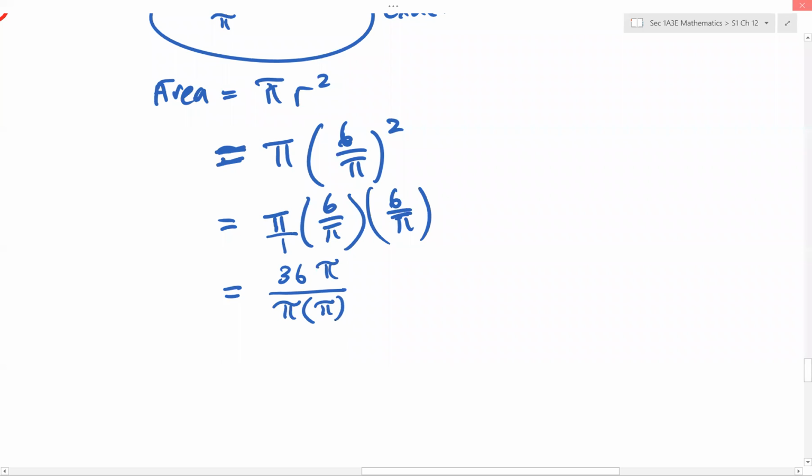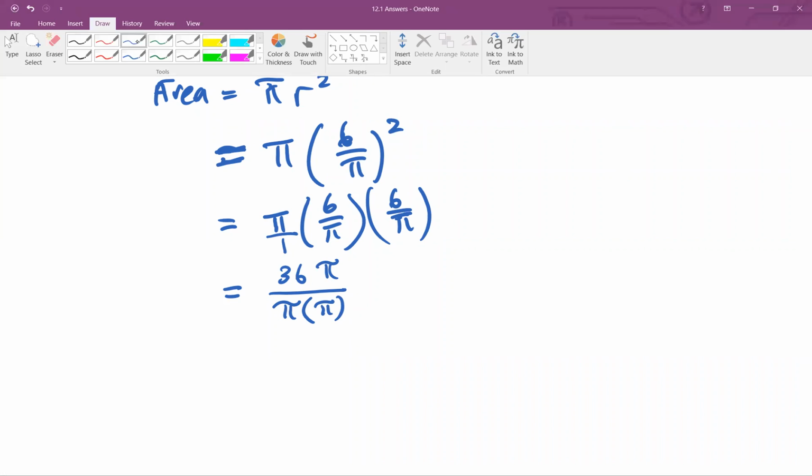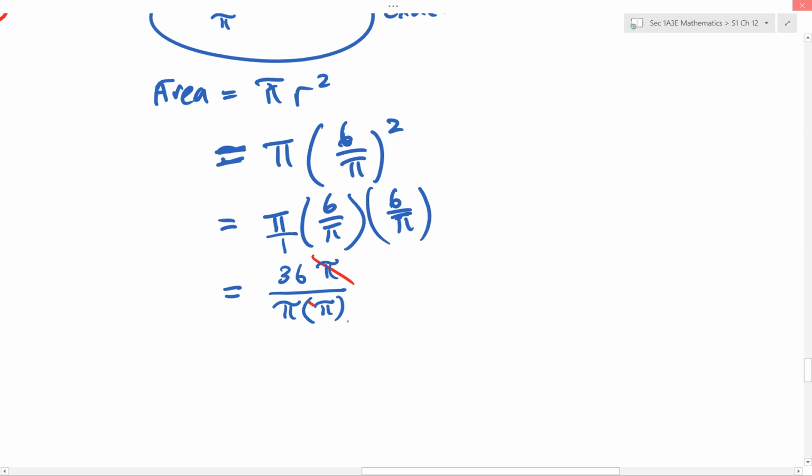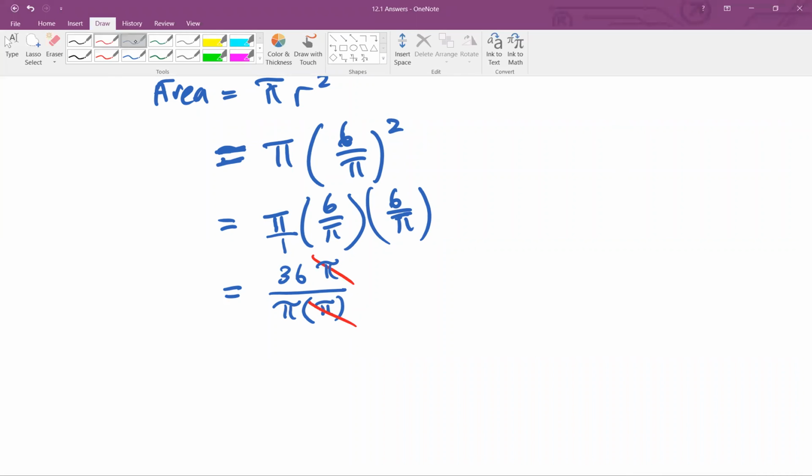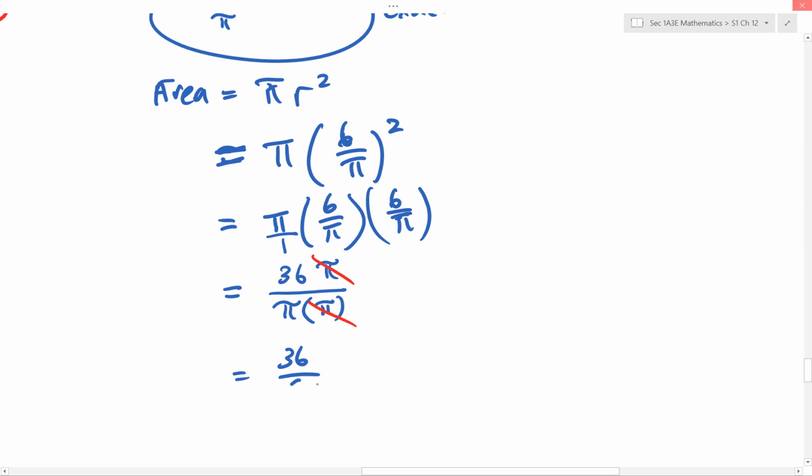Yeah, pi square, right? But we can also cancel the pi and the pi. So my exact answer would be 36 over pi square centimeters. This is the most exact form, and I have left it in terms of pi.